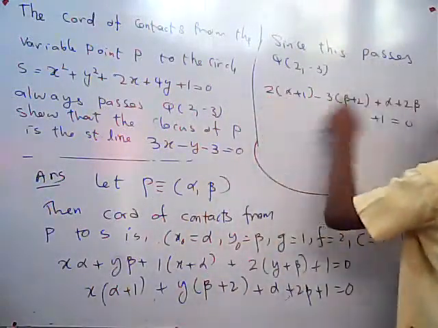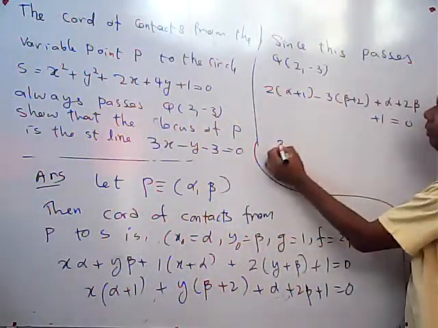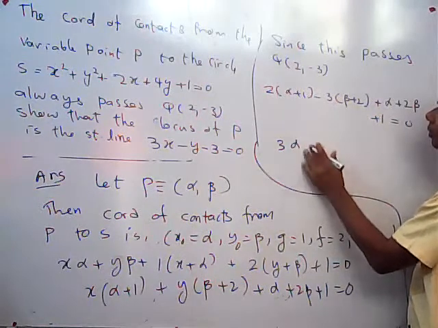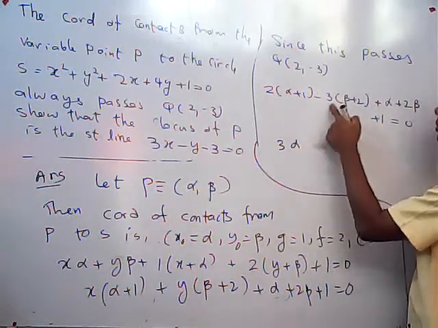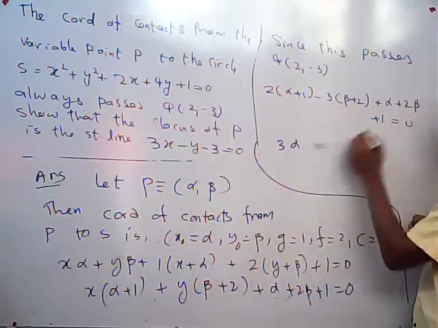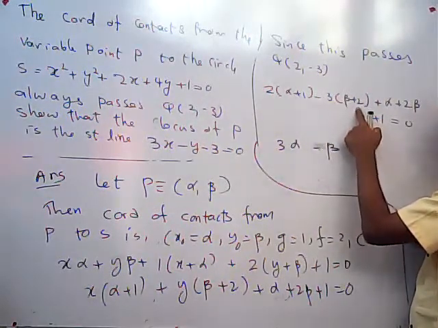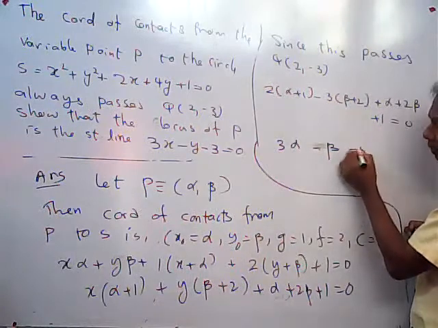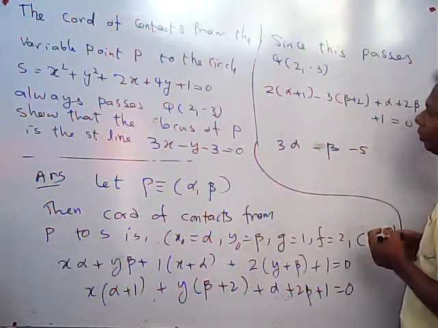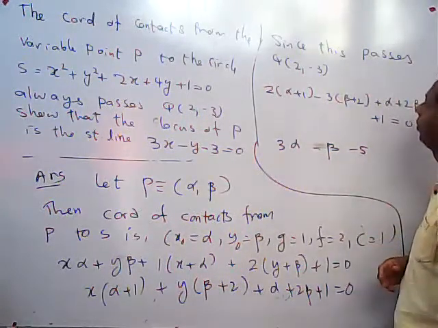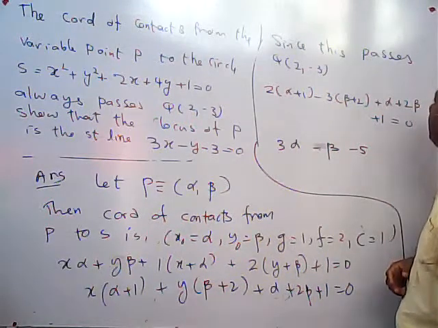Simplifying it is 2 alpha plus alpha, 3 alpha, minus 3 beta plus 2 beta minus beta, plus 2 minus 6 minus 4 is minus 5.